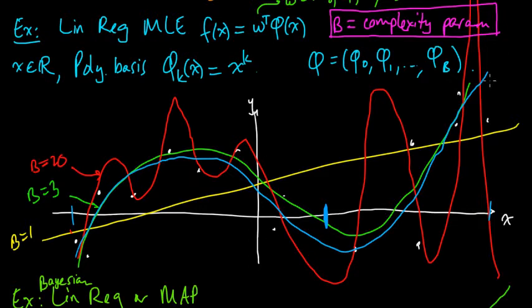So blue is the true curve. We could draw successive samples of the data by drawing random x's and then drawing y's normally distributed about this curve.